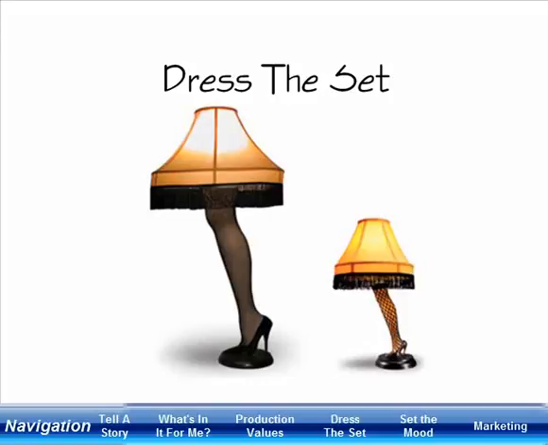I don't have these lamps, but if I ever see them anywhere, they're bought. But imagine these lamps are what you're selling. Now, if you had something like this, how would you want to dress your set? Well, the lamps themselves are so wild, you wouldn't want anything else to detract from them.